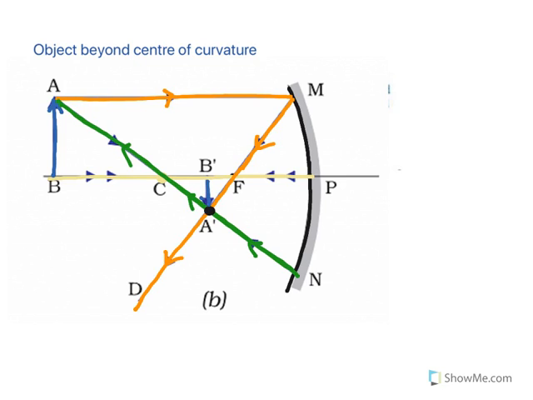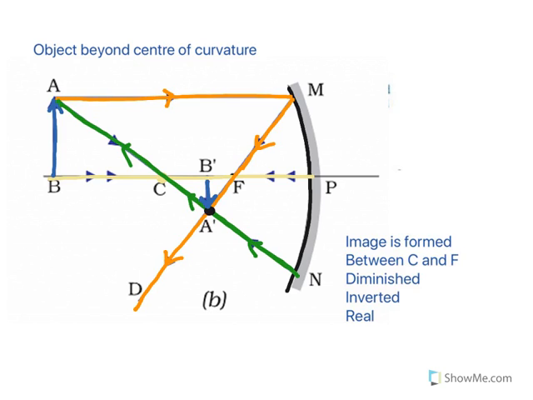So this will be your image. A dash, B dash will be your image. So the nature of the image, it's between C and F, diminished, inverted and real.